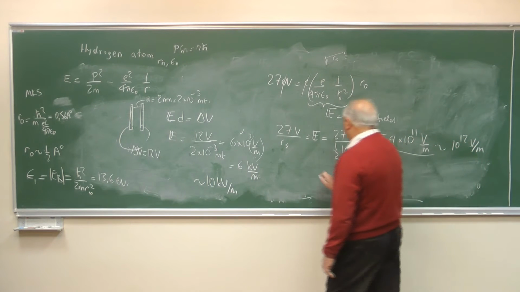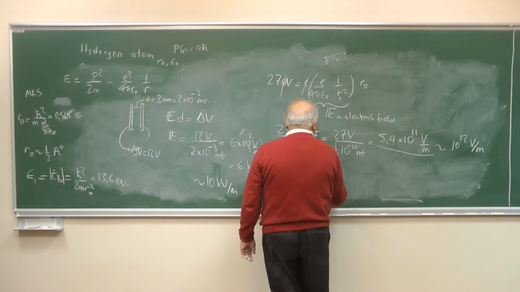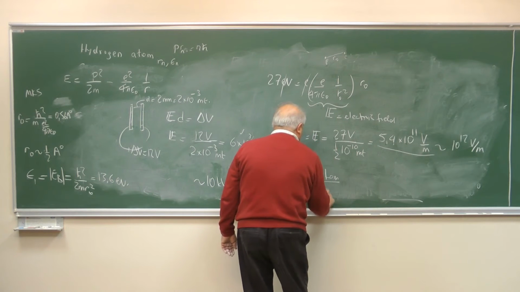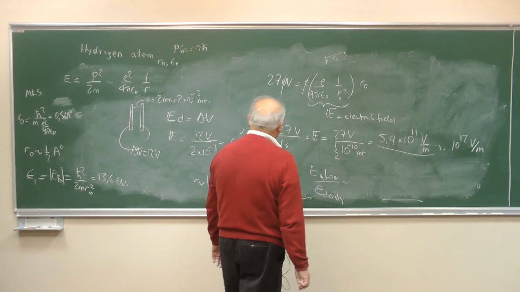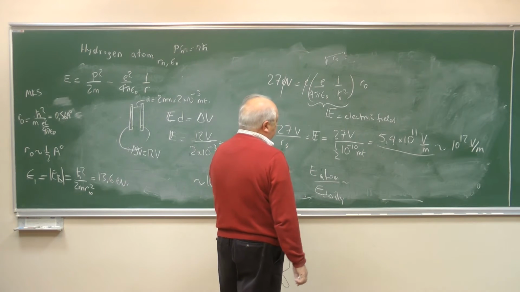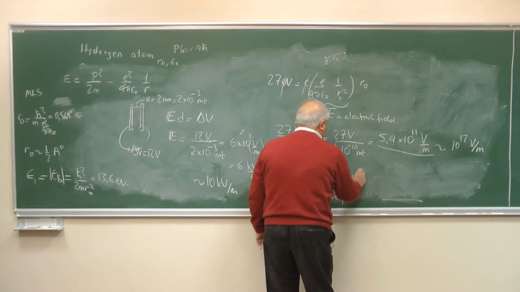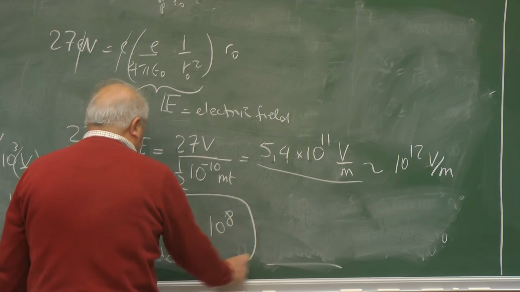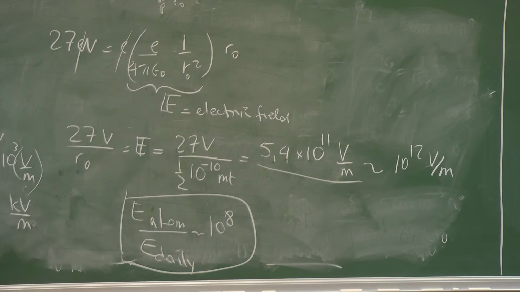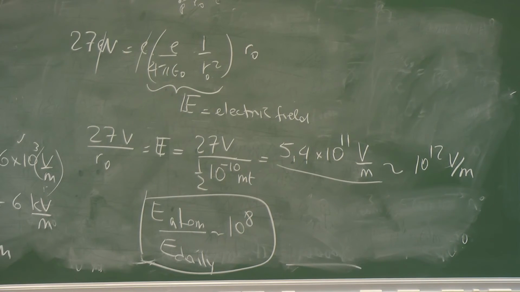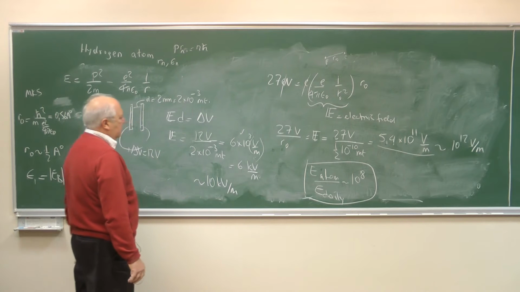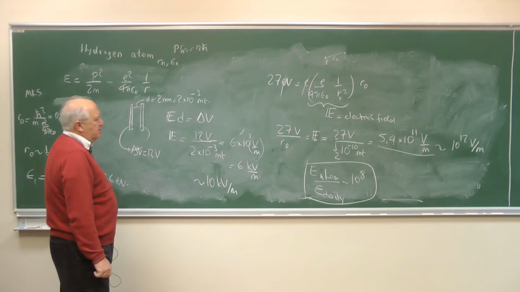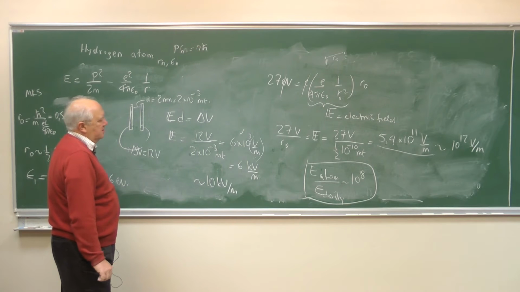If you divide E atom over E daily reasonable electric fields, the number is 10 to the 8. So the atomic electric field is enormous, 100 million times stronger than what you would get between the capacitor plates. So it's a terrific electric field.